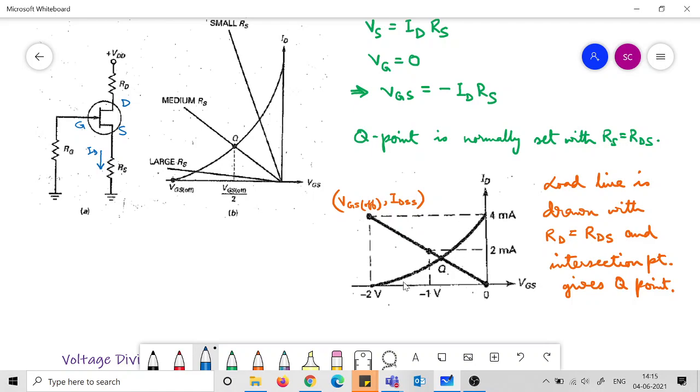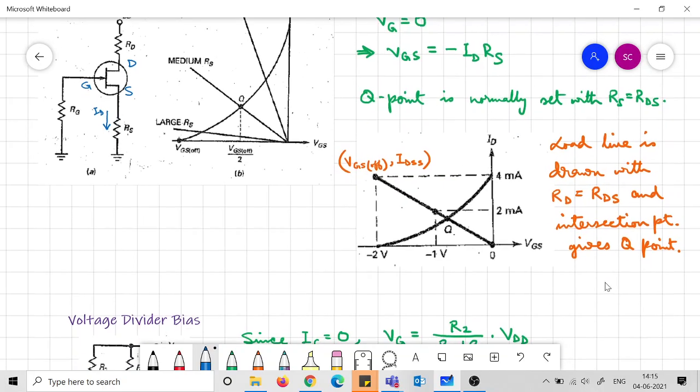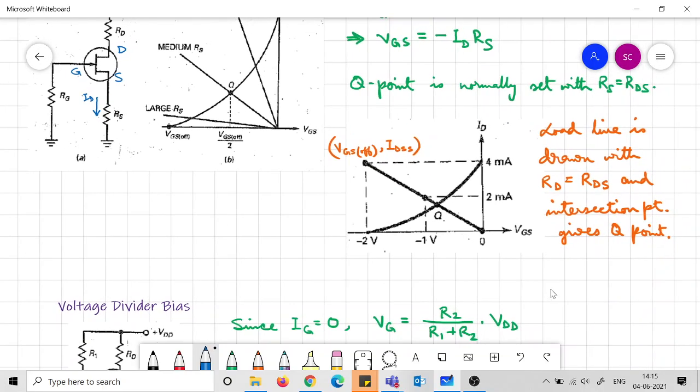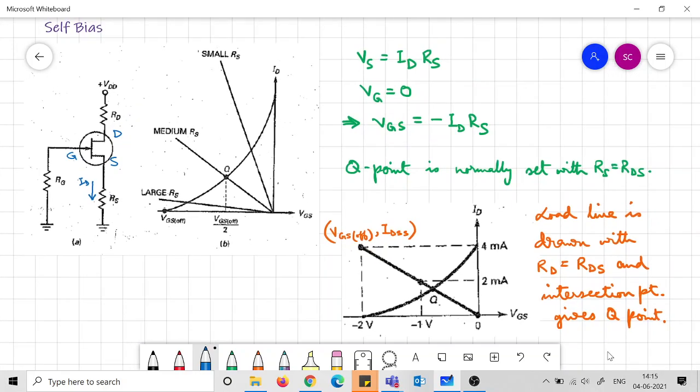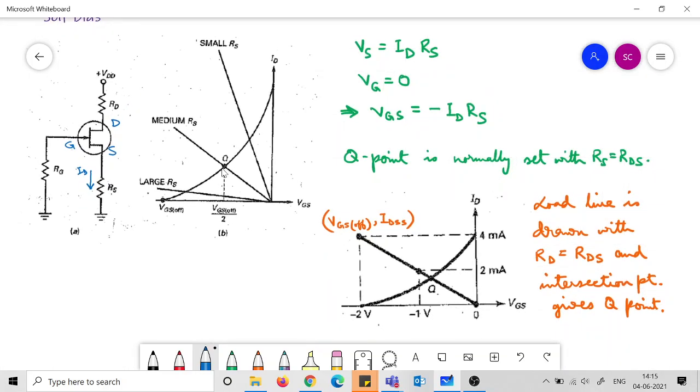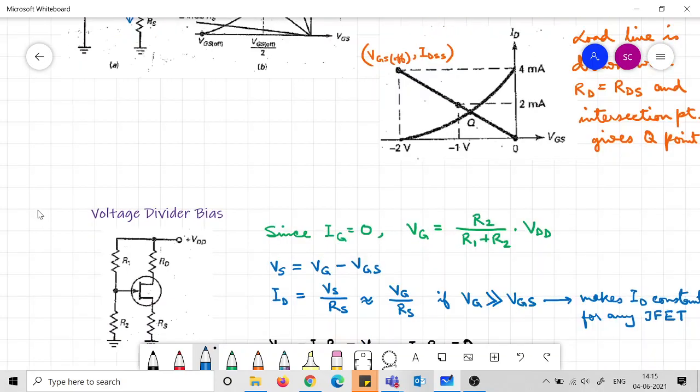You use these two equations and solve for your ID and VGS. So that is also something that one can do. The main important thing that you need to remember in self bias is that this Q point is normally set with RDS as the resistance.